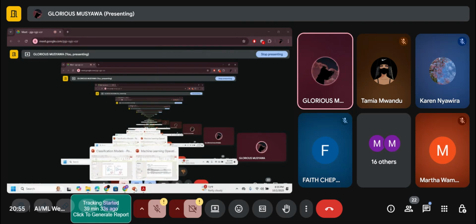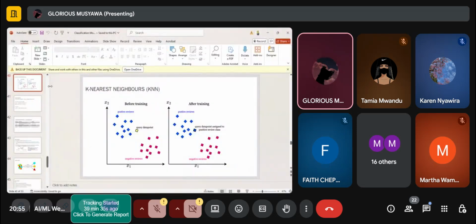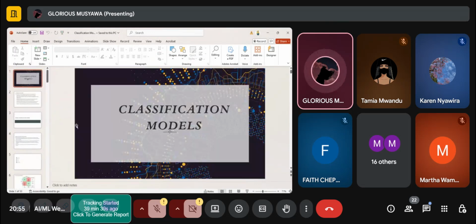Just a recap, we said the tasks that we want AI to do for us include regression, classification and clustering. But regression and classification are the biggest of the tasks that we want AI to do for us, so it's good for us to understand at least the basics.